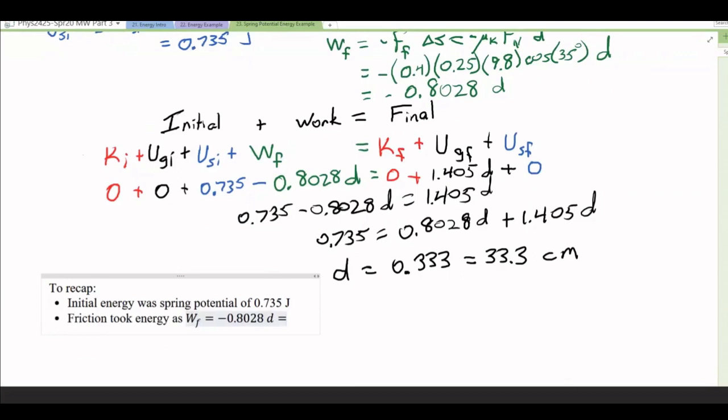And friction took an amount of energy, which was 0.8028 times D. So I can calculate that real quick. That times that. So that's 0.267 joules.